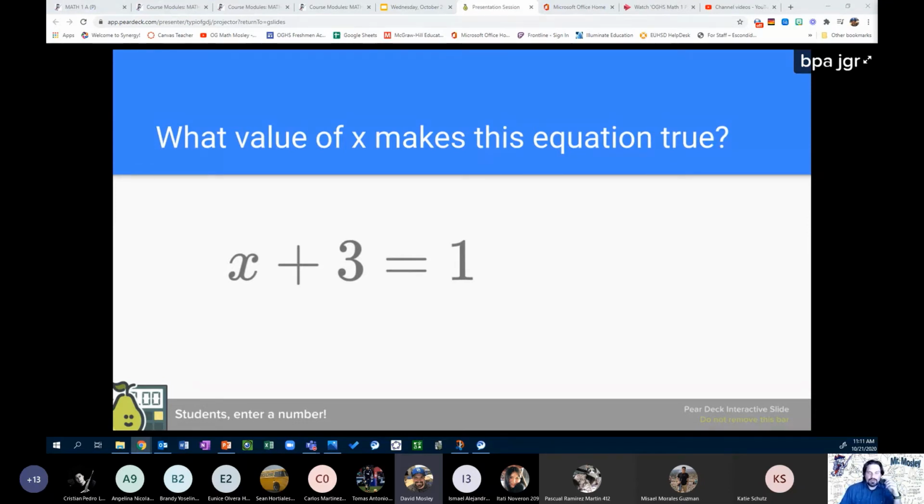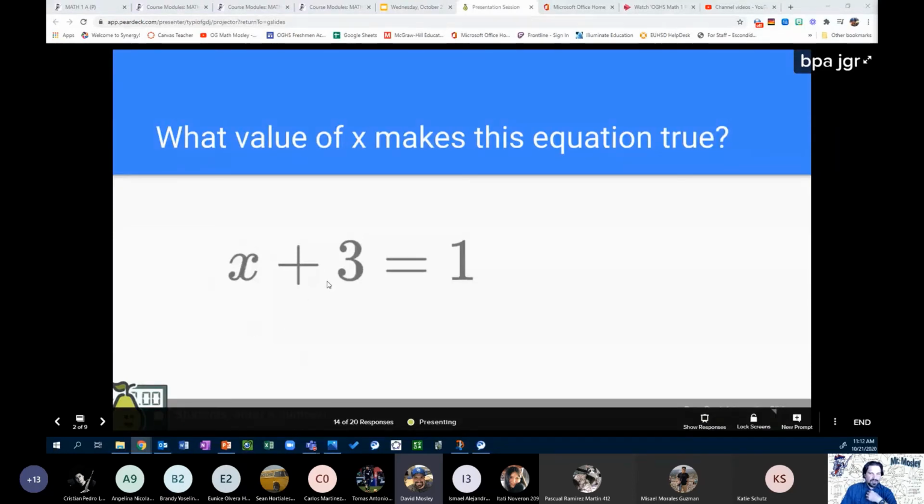And if you think you have the solution, test it in the equation. If when you put in the value you think is correct for x, and you add 3, you do not get 1, then you made a mistake.